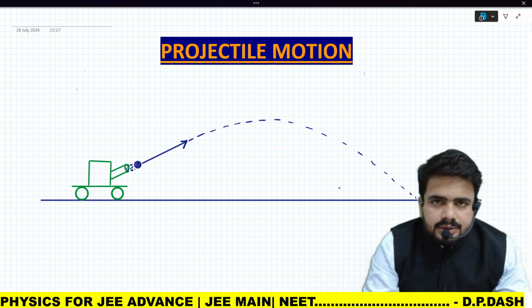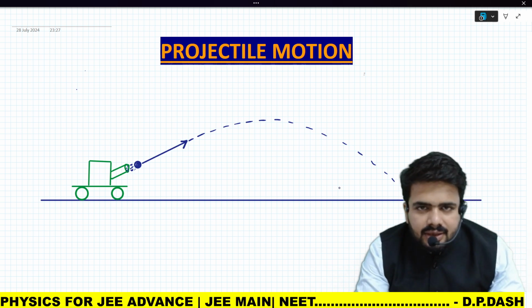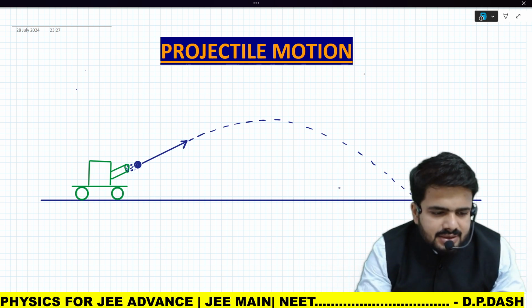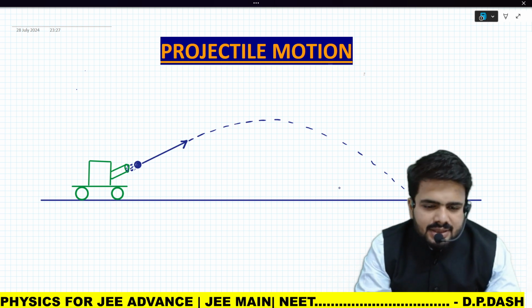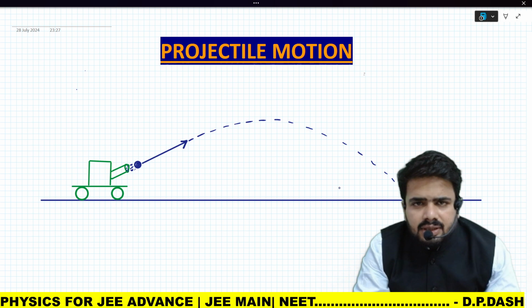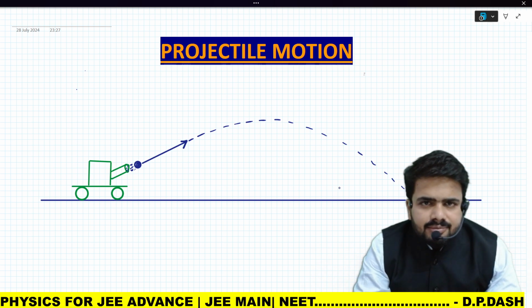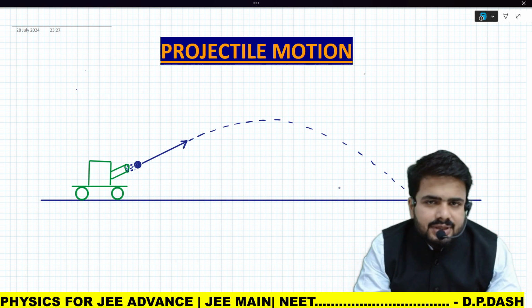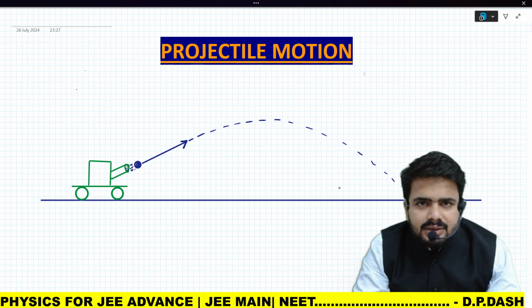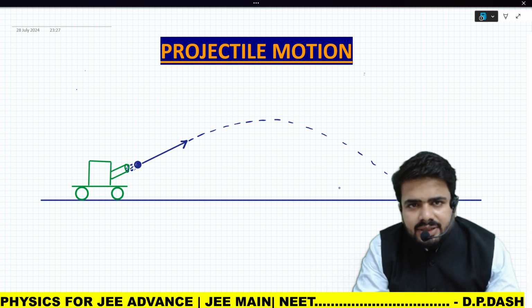Generally, when we discuss projectile motion, what do we mean by it? Suppose we are throwing something in air and it moves under the influence of gravity, that is projectile motion. The angle of throwing into air can be different.